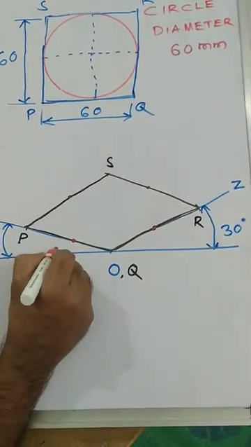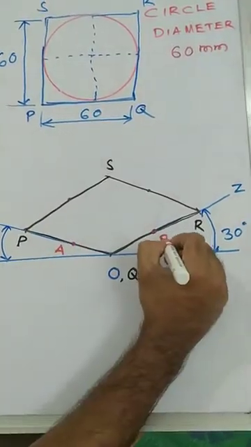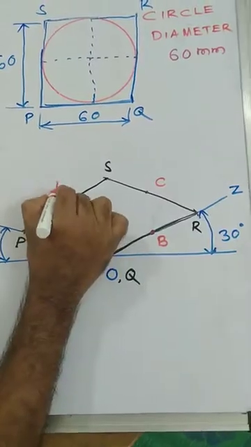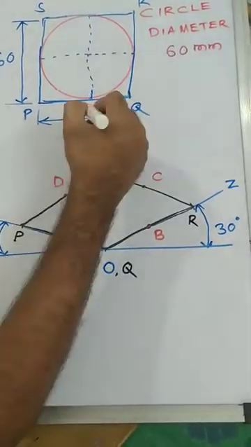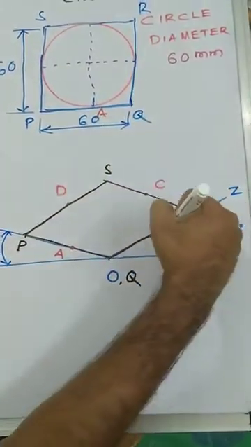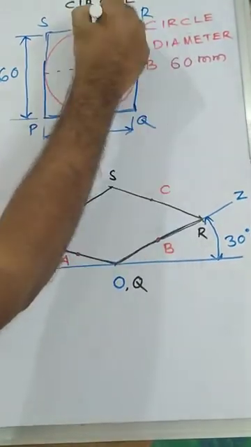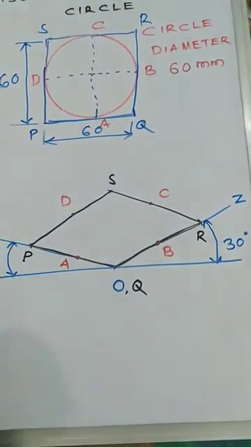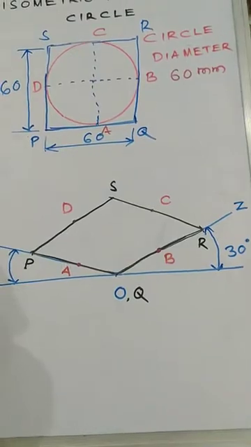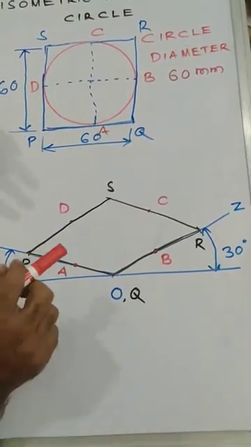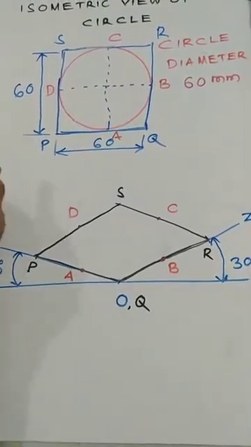Now I am naming these A, B, C, D: PQ, A; QR, B; C; D, like this. Now this is going to be the crucial construction part of it, remember.